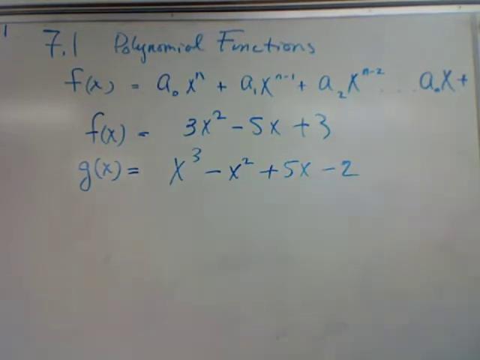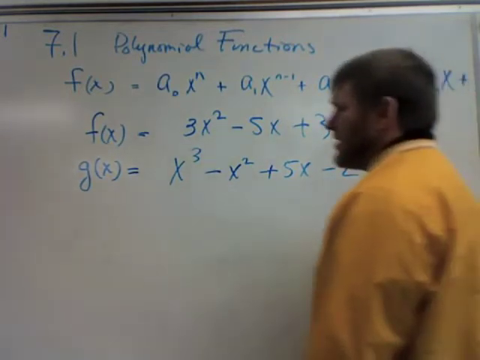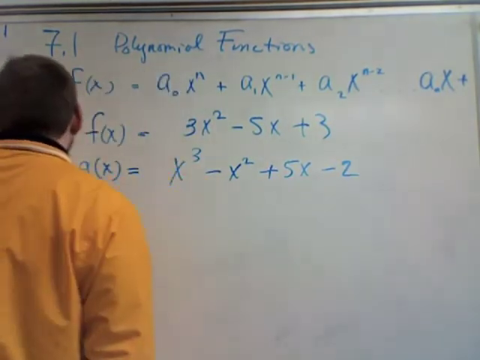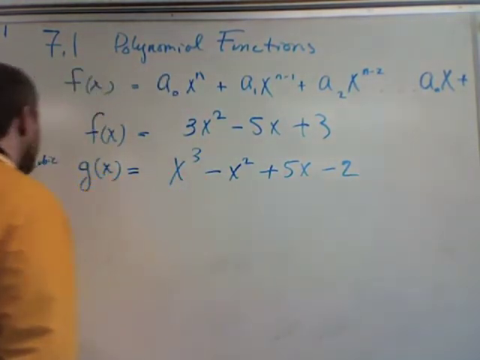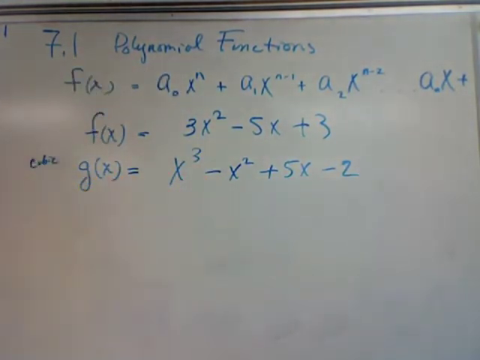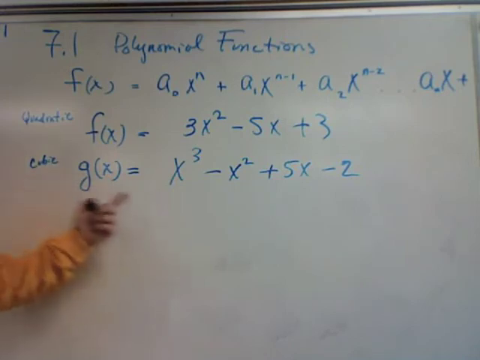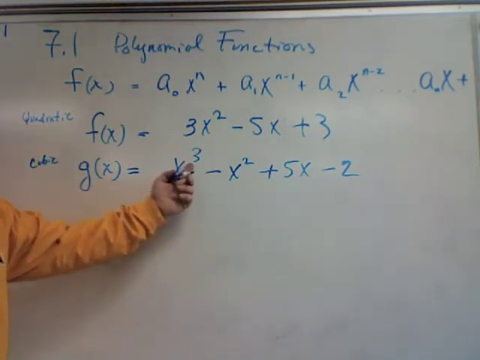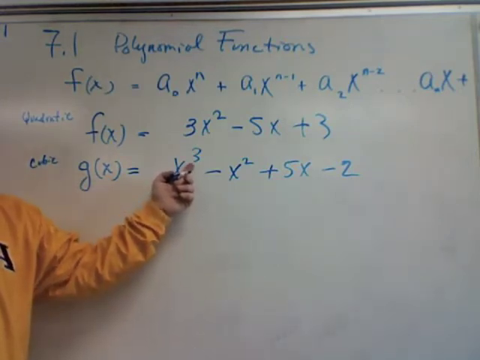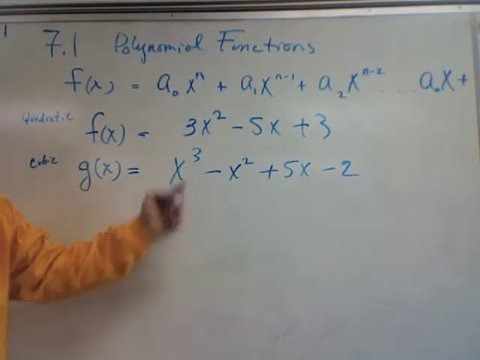We call this a cubic function, or a cubic polynomial. This one up here was what? Quadratic. Why do we call it cubic? Well, the degree of this polynomial is the 3rd degree. It's a 3rd degree polynomial.